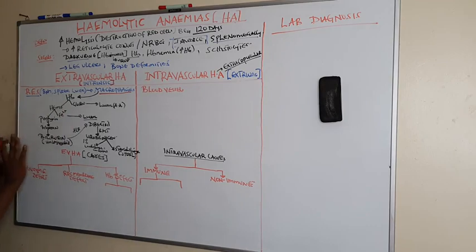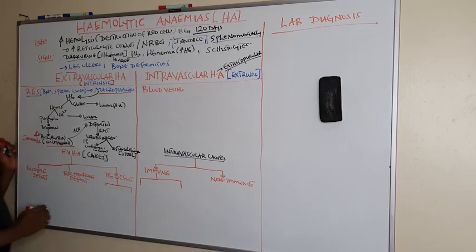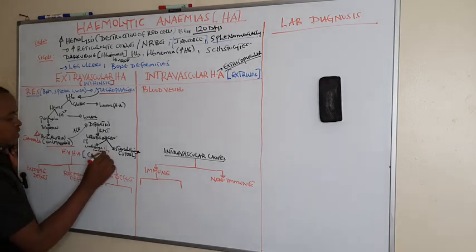So this extravascular or intrinsic hemolytic anemia is going to be characterized by moderate hyperbilirubinemia, which is indirect type or unconjugated. That's why we see jaundice. We are going to see presence of urobilinogen in urine.